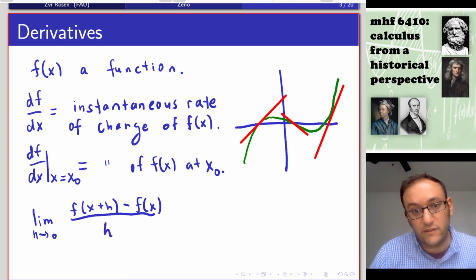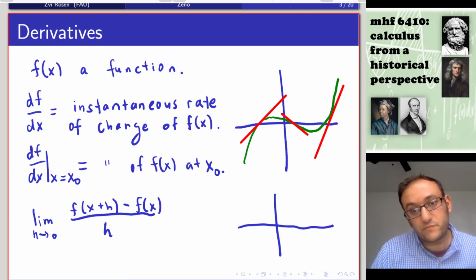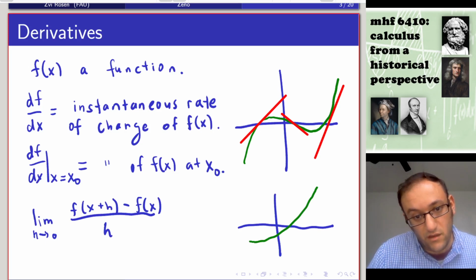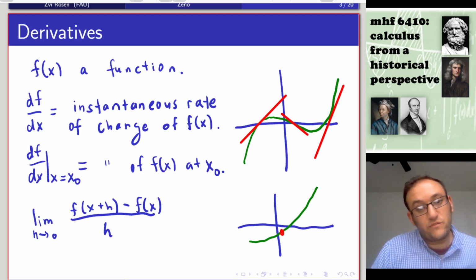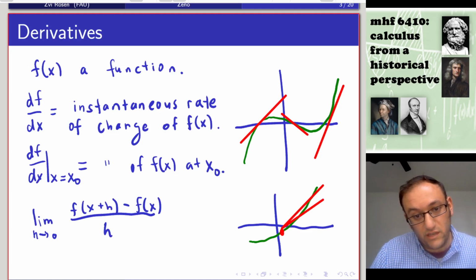And the idea here is that, looking at one particular curve, let's say I want to understand the derivative at this point. One way to do that is to take secants to the curve getting closer, where the second point gets closer and closer to the initial point.